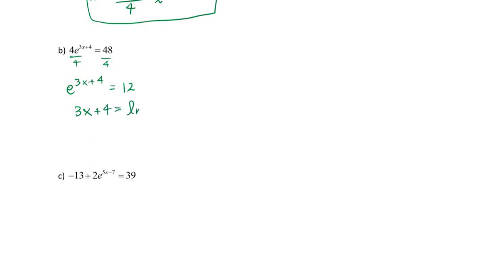And on the right, I have natural log of 12. Now I'm going to solve for x by subtracting 4 and dividing by 3. So x is going to be natural log of 12 minus 4, all divided by 3. That's the exact answer. Then I use my CAS to get an approximated answer, and I get negative 0.505.